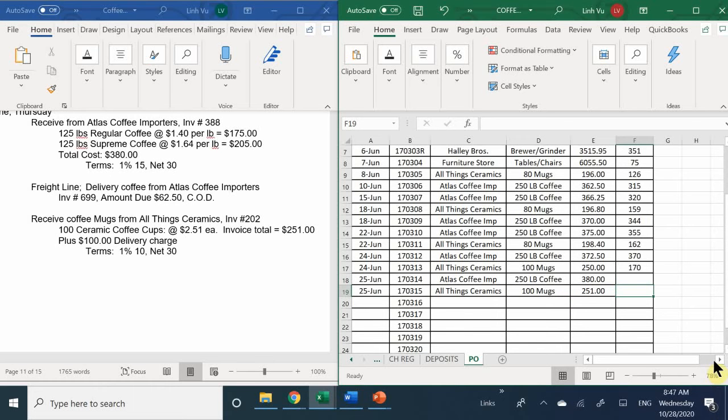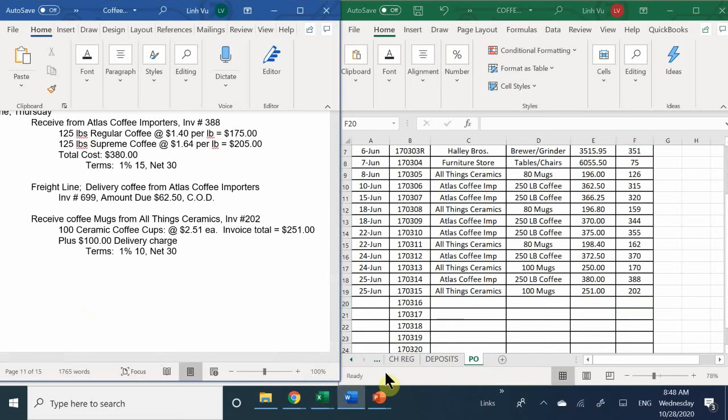And we also received the coffee for 380. That's 388, invoice 388. Good. So 388 and 202. All right, so we received everything that we made a purchase order for, so that's a good thing.